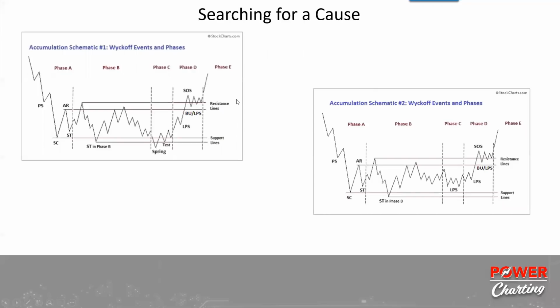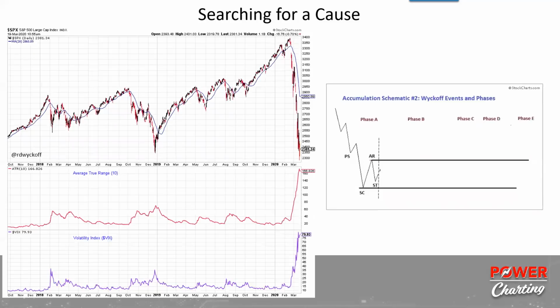So here, searching for a cause, these are two accumulation schematics. Both are just slightly different. In this one we have a spring, and over here we have a last point of support in phase C. This is the last testing area before a rally, but we're nowhere near that. As a matter of fact, I want to show you a really fascinating chart that illustrates where the markets are right now.